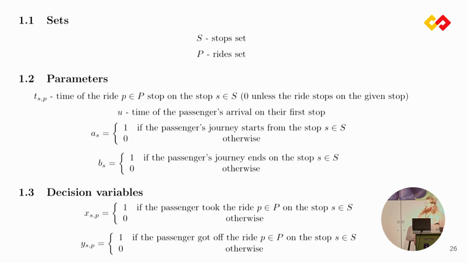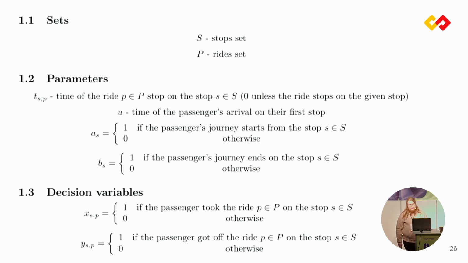Okay, so I will not torture you by reading all of this. I will just go quickly and describe the sense of the solution. So we defined the set that includes the stops and the rides. We have parameters like the time when the bus is at the given stop and the information about the passenger's journey.